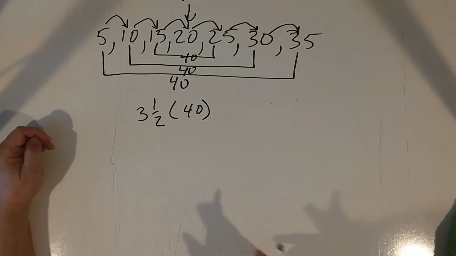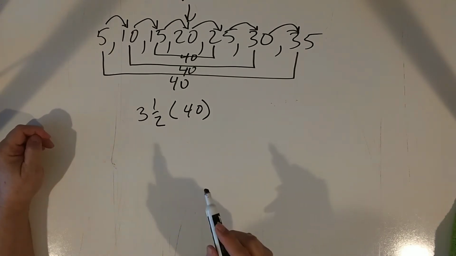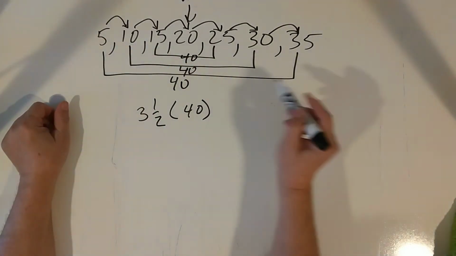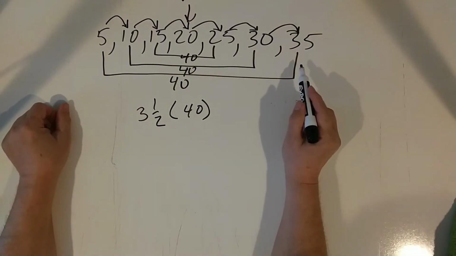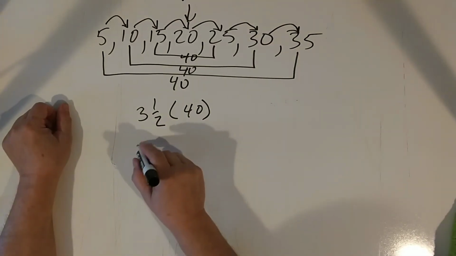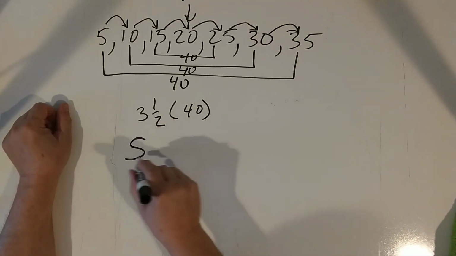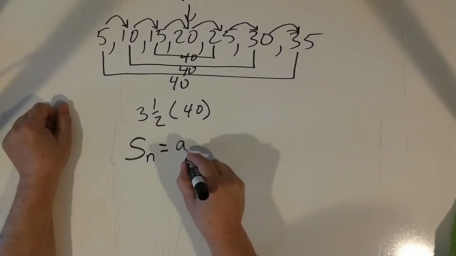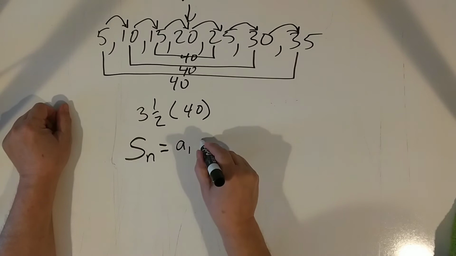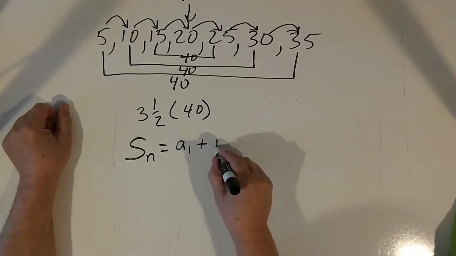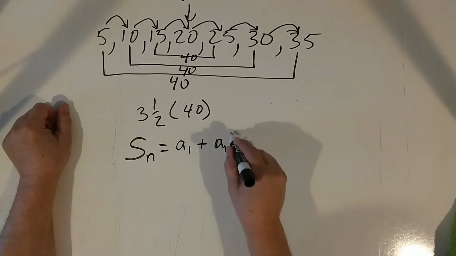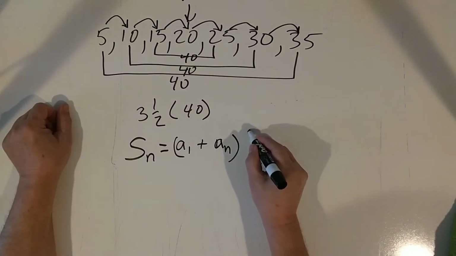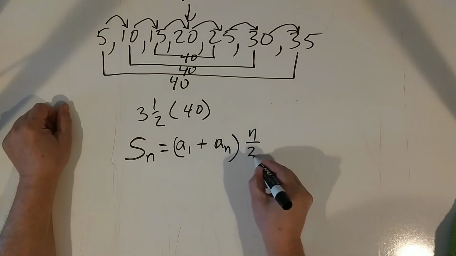This means that if I have a sequence that I'm going up the same amount each time, I can quickly find a partial sum. The partial sum is equal to the first term plus the last term, multiplied by the number of terms divided by 2.